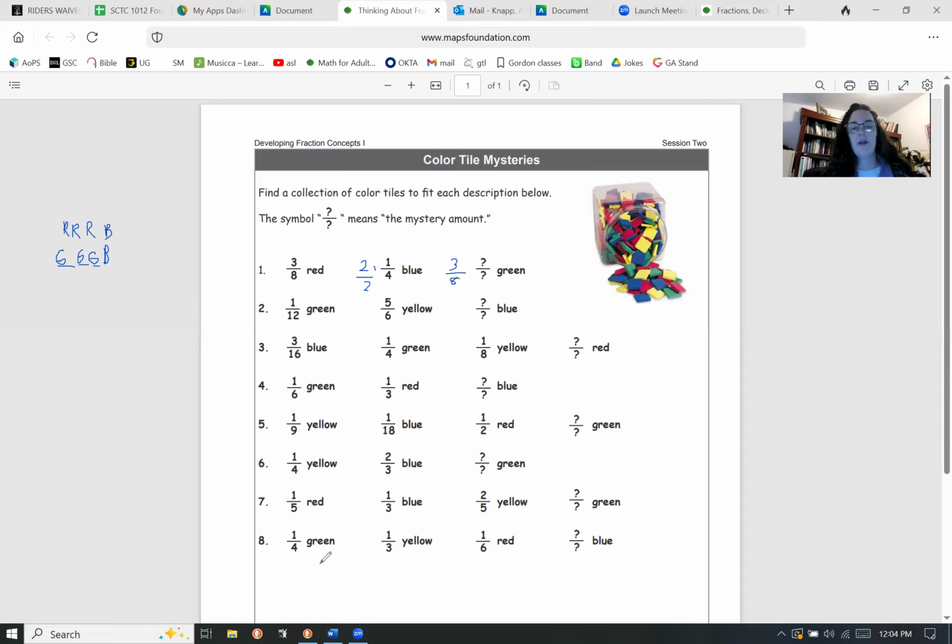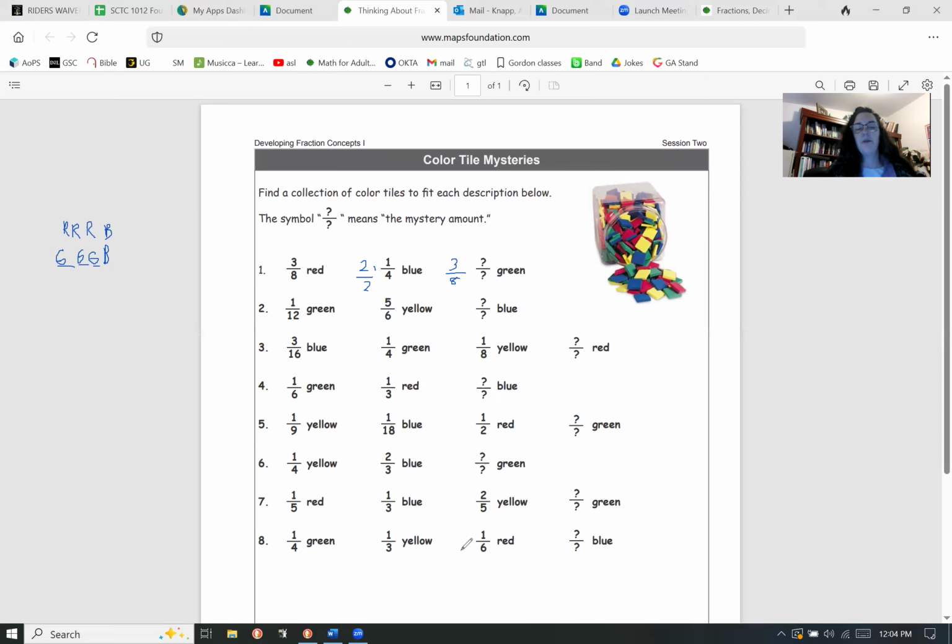Here we need to have a collection that's a 4th green, a 3rd yellow, a 6th red, and some blues. So I'm looking for the least common multiple between 4, 3, and 6. And if I just use the 6, that wouldn't work because 4 is not a factor of 6.